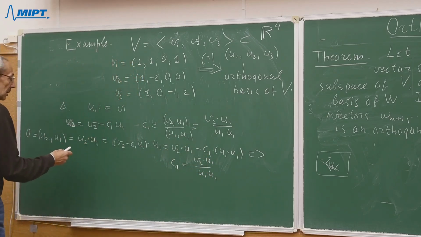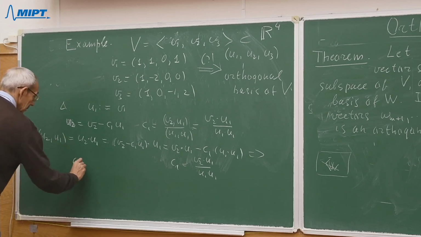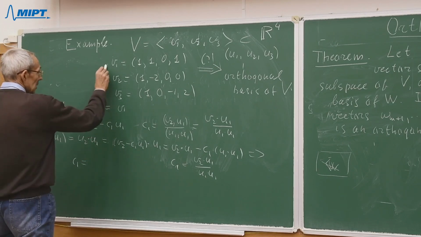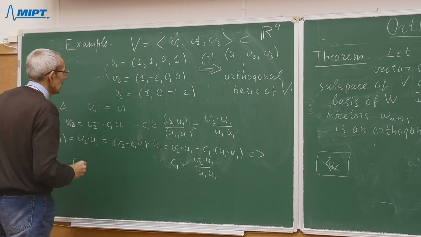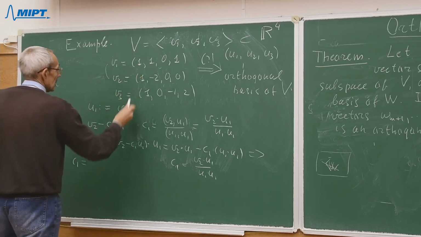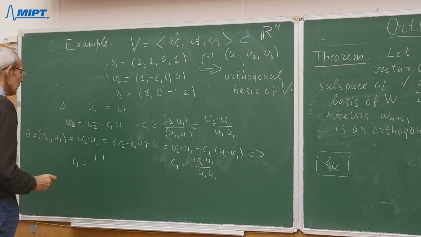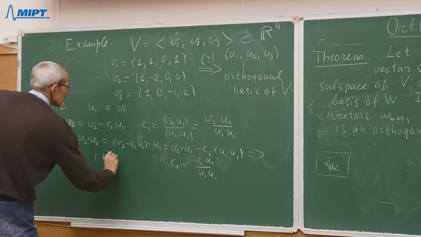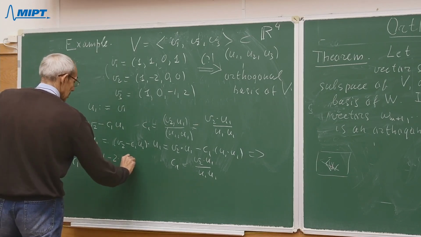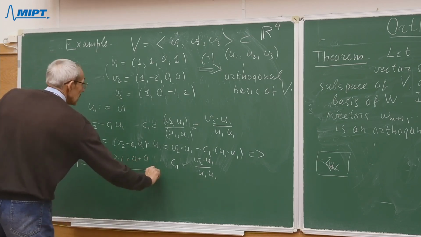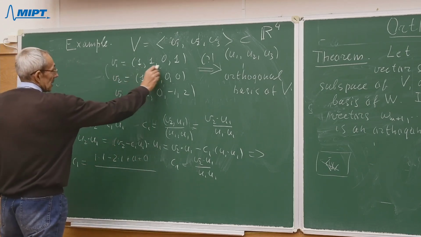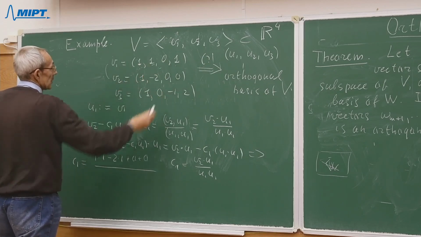And using this formula, we obtain that the coefficient c1 is equal to the ratio of the dot product of these vectors, 1 times 1 minus 2 times 1 plus 0 plus 0, divided by the scalar square of this vector.